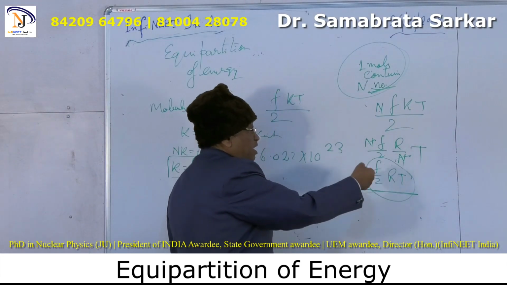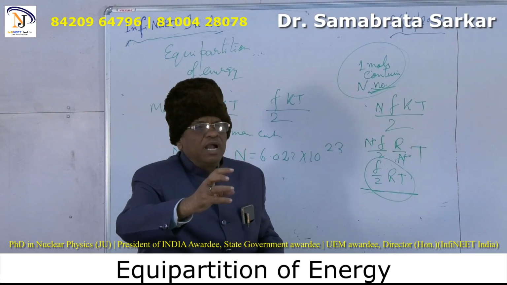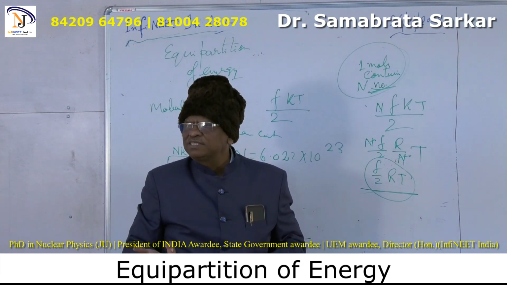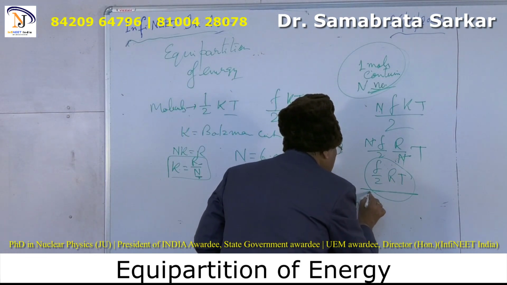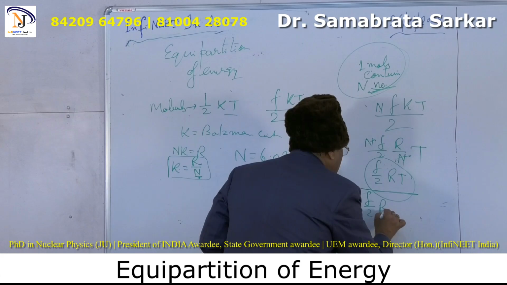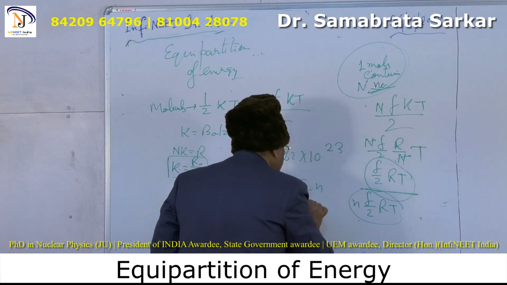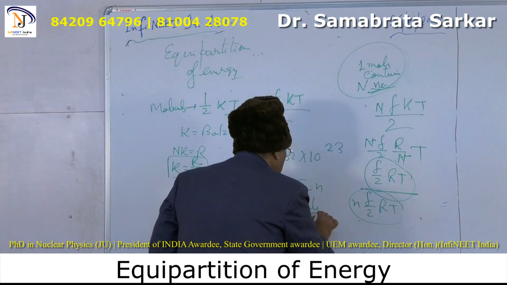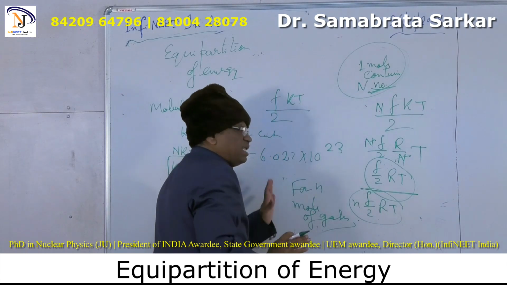And it is for 1 mole. If I write n moles of such gases, you will write n into f by 2 into R into T for n moles of gases. Am I clear?